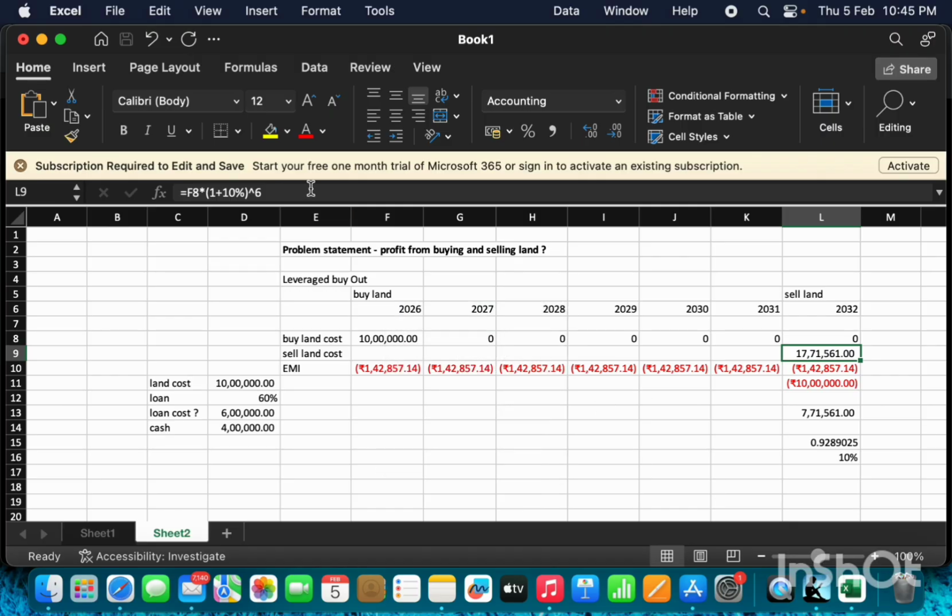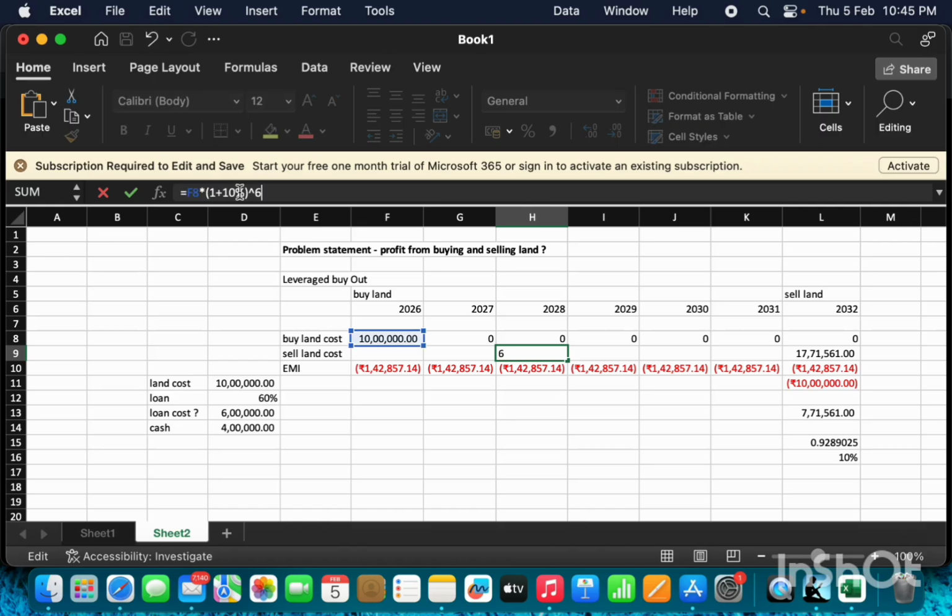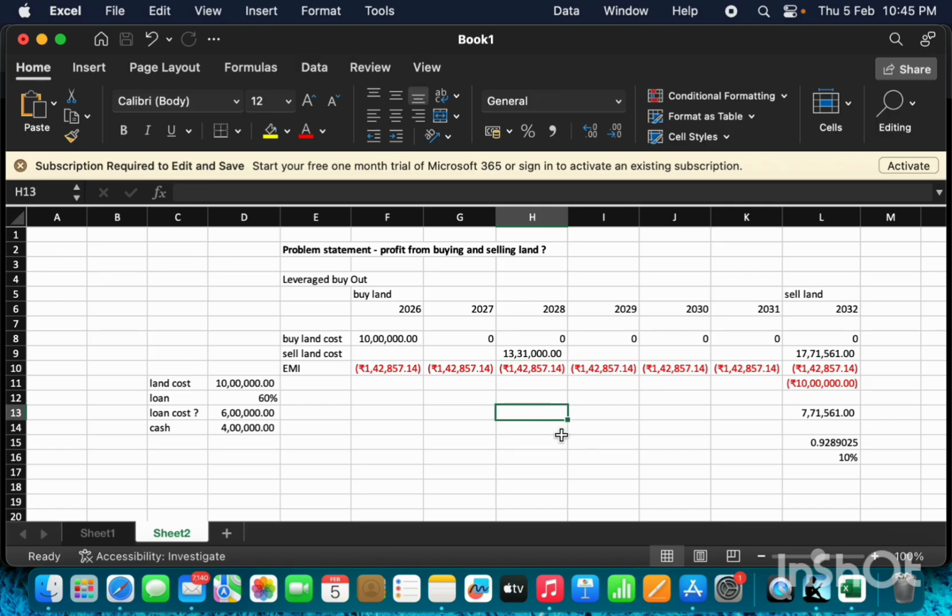So if I quickly copy this formula and I place it here, instead of 6, this becomes 3, right? So in a time period of 3 years, I make a profit of how much? Almost 3 lakh rupees.